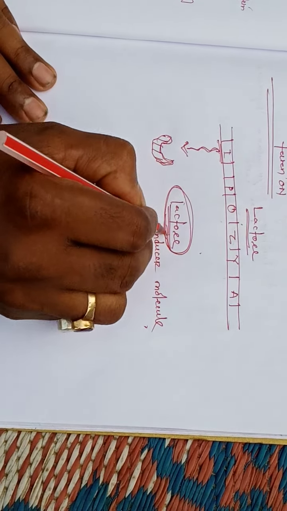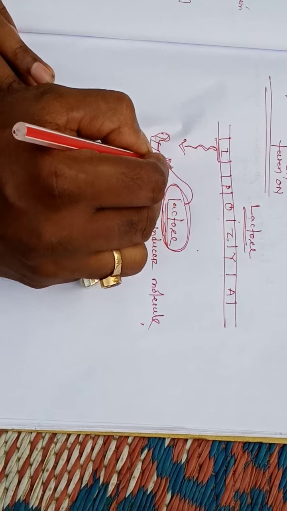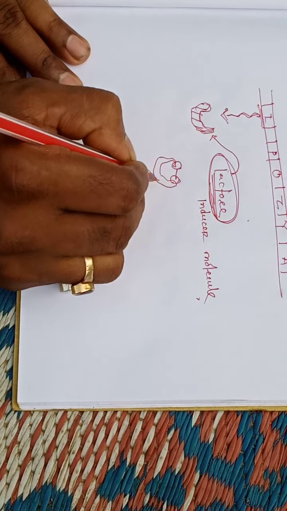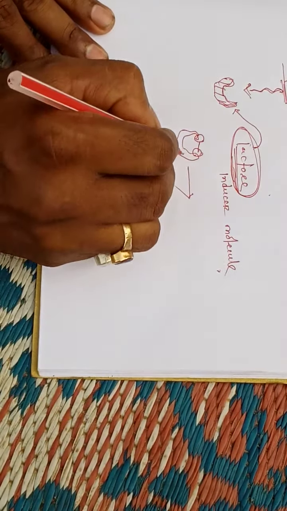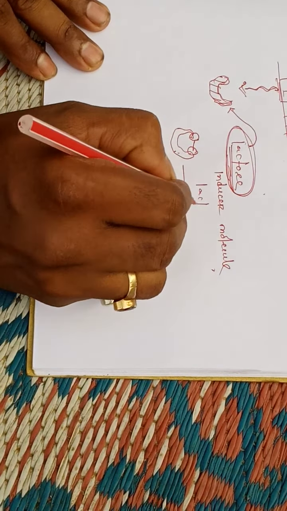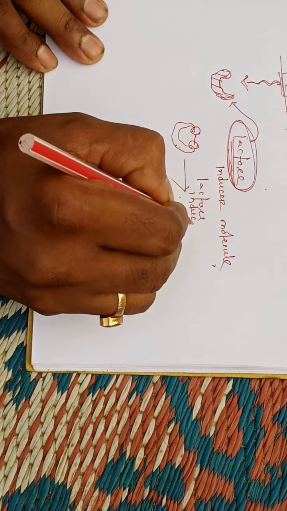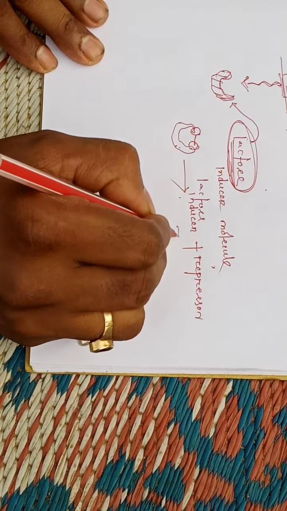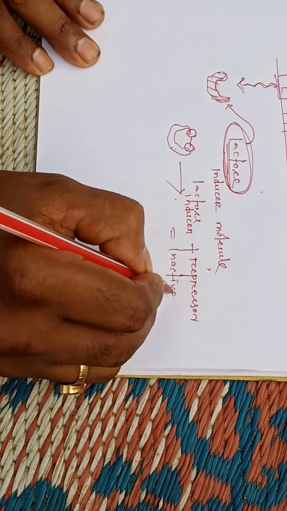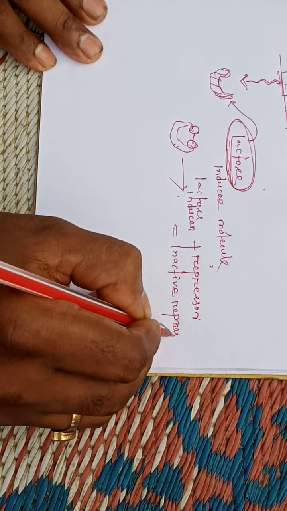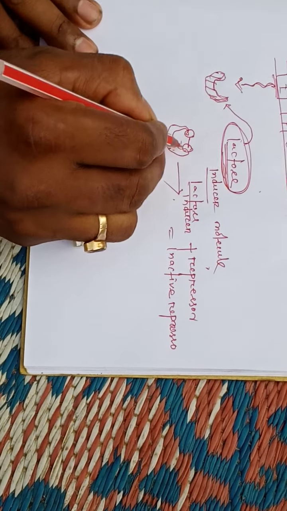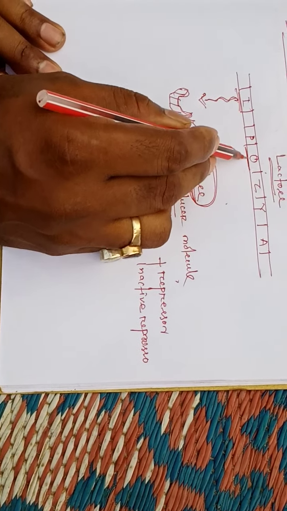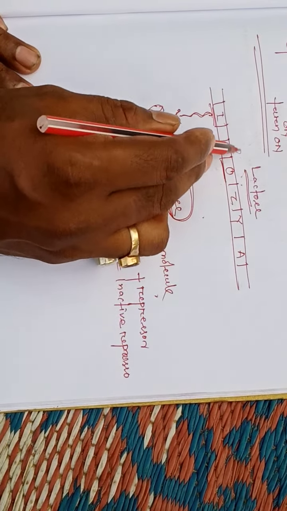In the presence of lactose, lactose interacts with the repressor, which becomes inactive. So lactose, the inducer, plus repressor equals inactive repressor, because lactose causes a conformational change in the repressor protein so that it cannot bind to the operator site. Now the operator region is free.